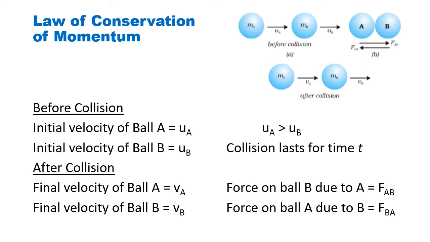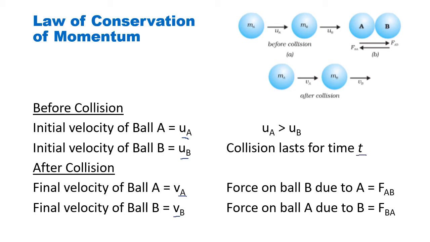So let us summarize. Let us see again the same diagram. Before collision, the initial velocity of ball A was UA, of ball B was UB. The masses MA and MB are not changing. But after collision, the final velocity of ball A is VA, and the final velocity of ball B is VB. The collision lasts for a time t.